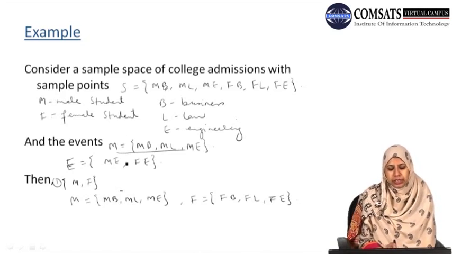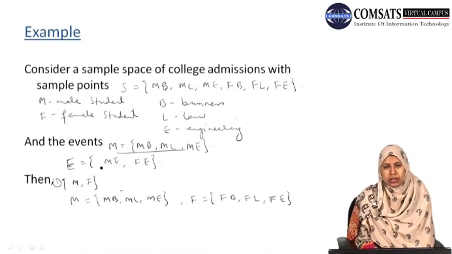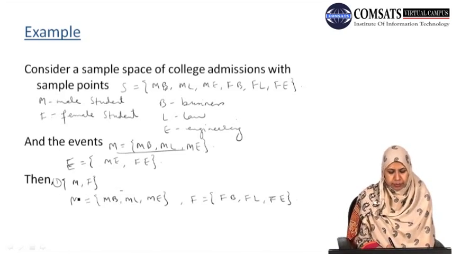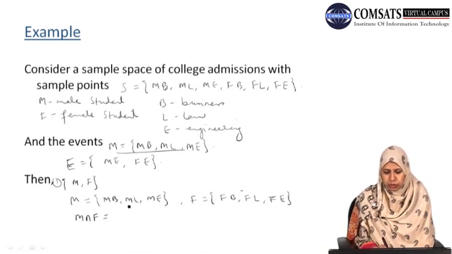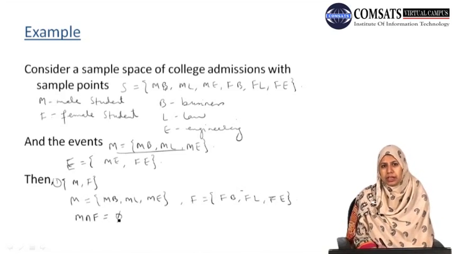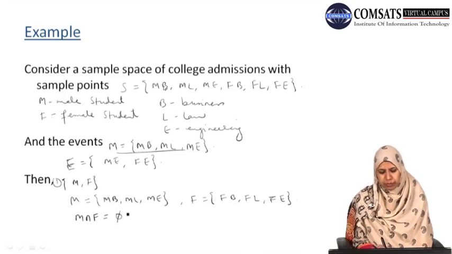And we are asked to check whether these two events are mutually exclusive or collectively exhaustive. Then if we take the intersection of these two events, they have nothing in common, so these two events are mutually exclusive.